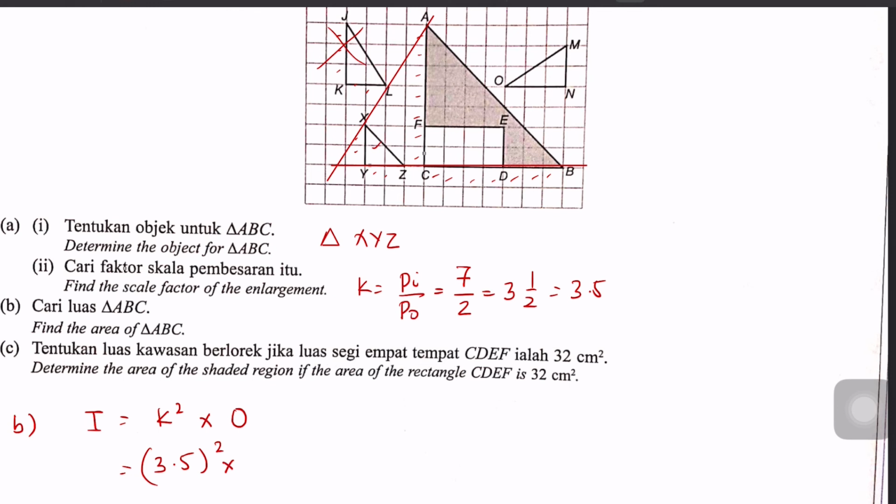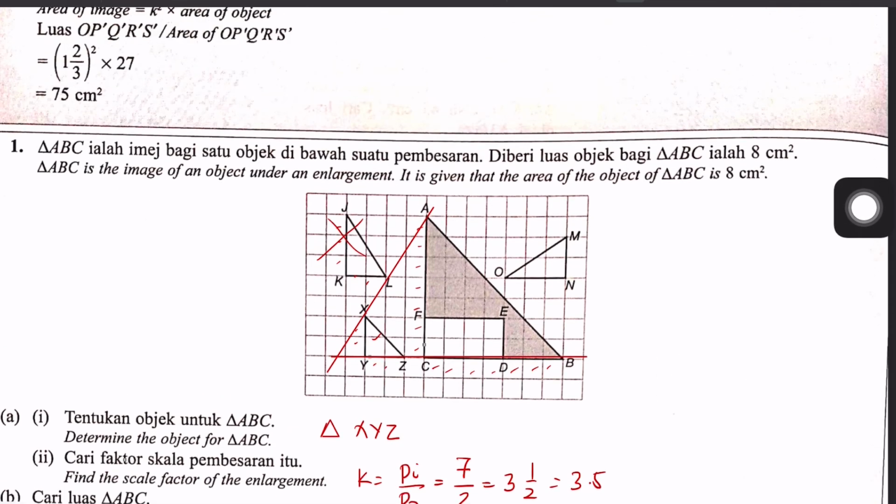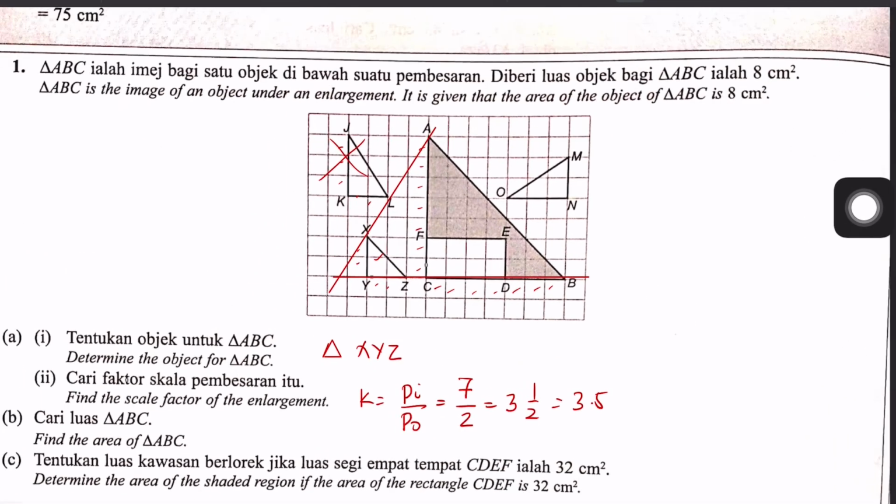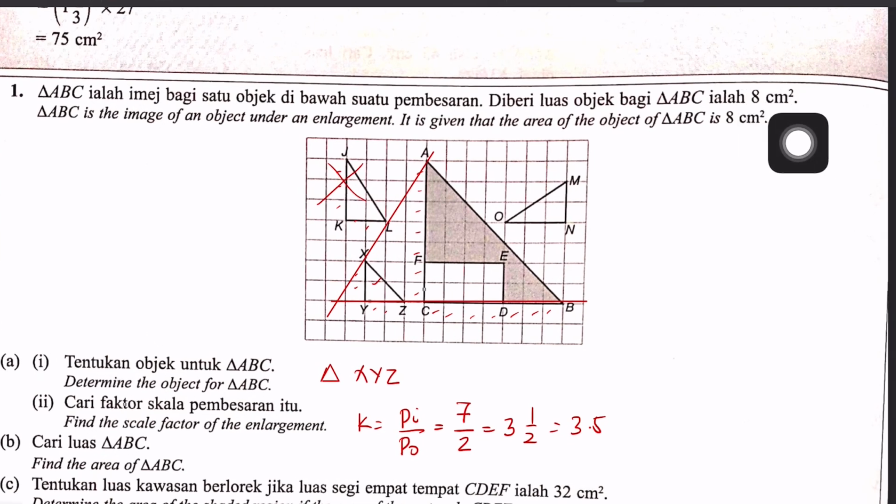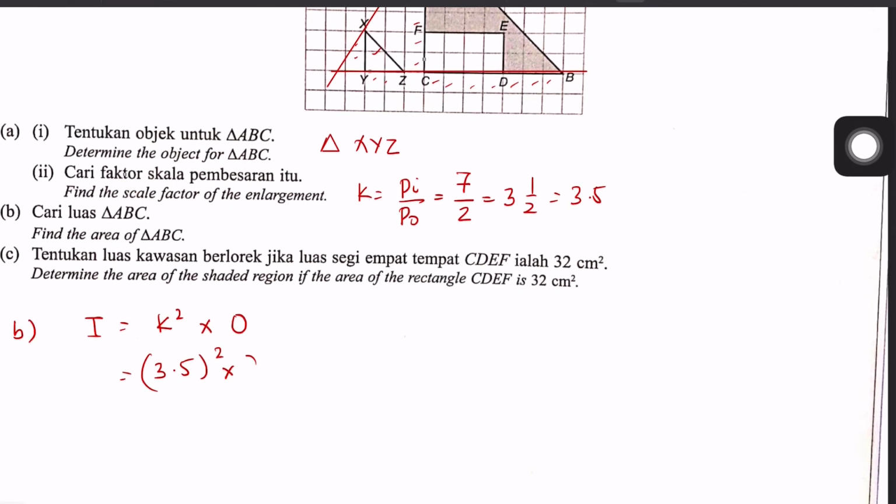What is the area of the object over here? It is given, 8 centimeters square. So times 8. Press your calculator: 3.5 squared times 8. Your answer is 98 centimeter square.